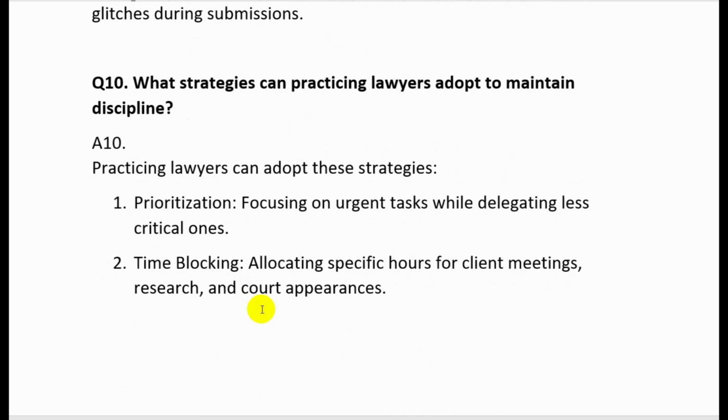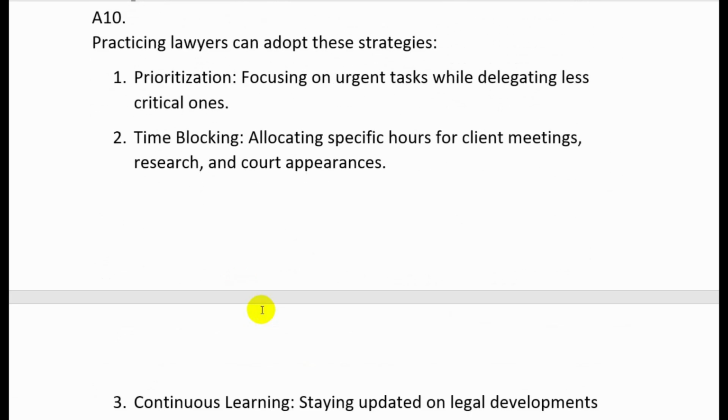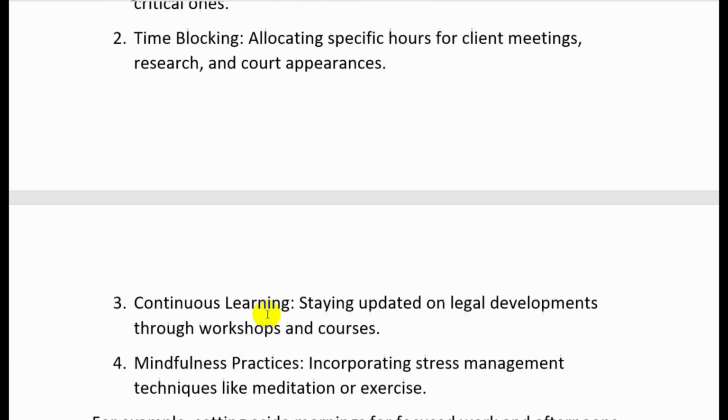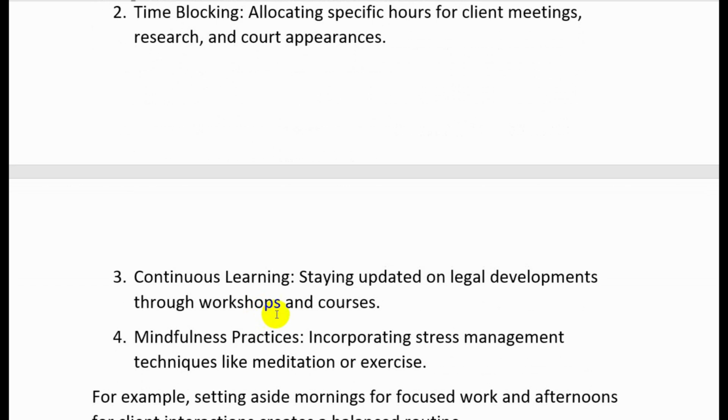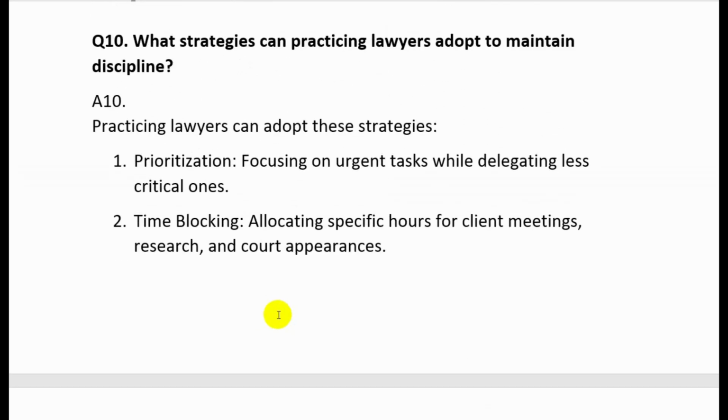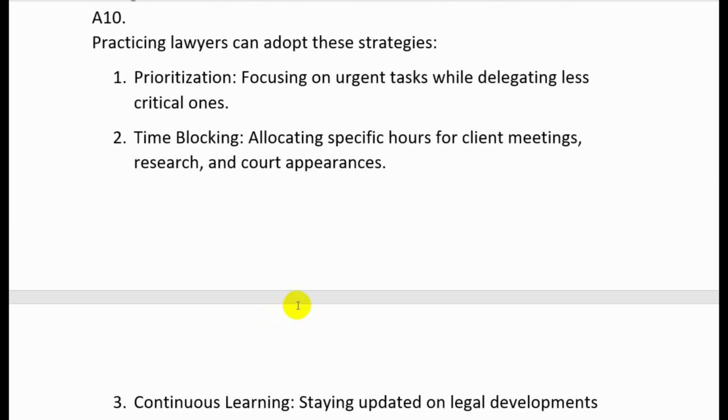What strategies can practicing lawyers adopt to maintain discipline? Practicing lawyers can adopt these strategies, which are prioritization, time blocking, continuous learning, and mindfulness practices. Prioritization, focusing on urgent tasks while delegating less critical ones.